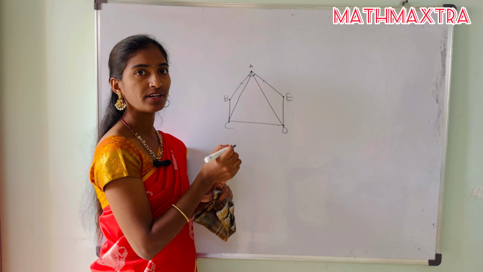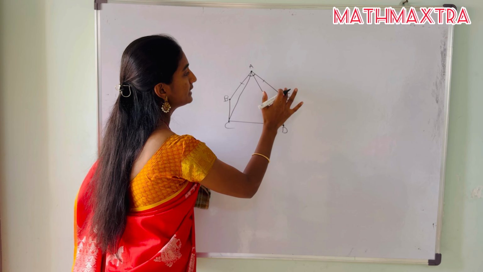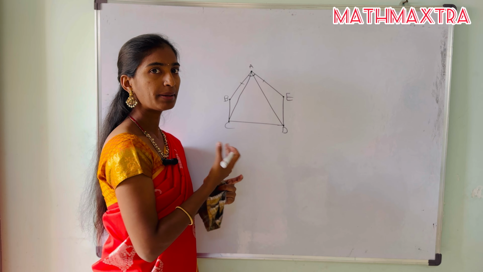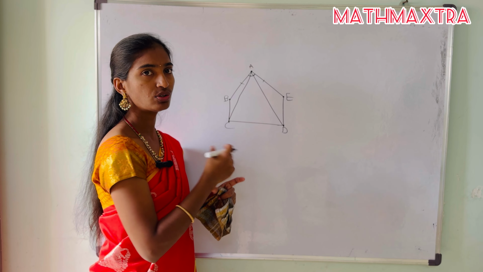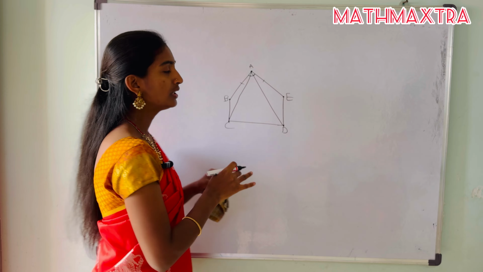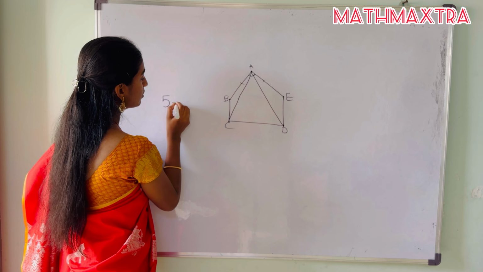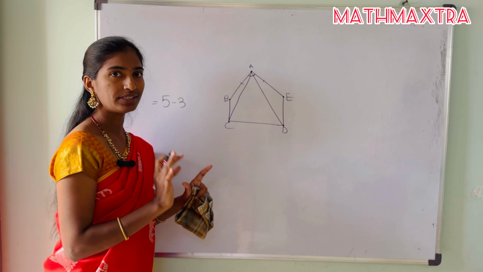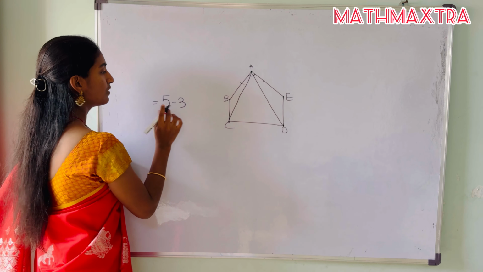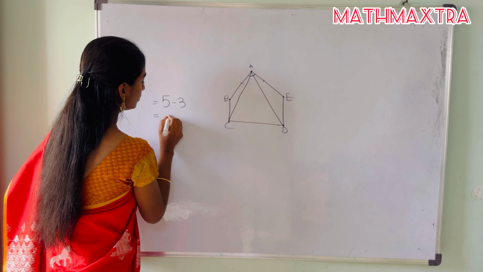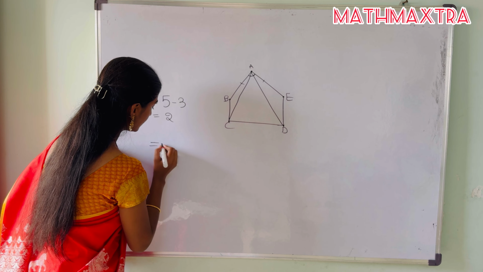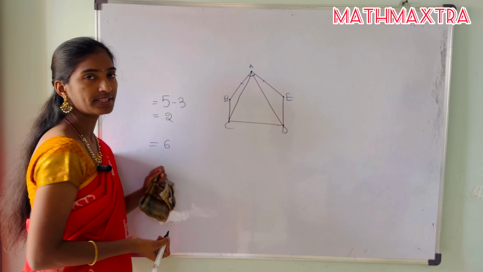Other than these three, you are joining all the remaining vertices. That is why we have to subtract 3, that is 1, 2, 3. So 3 vertices we are leaving. So how many did you get? 2.